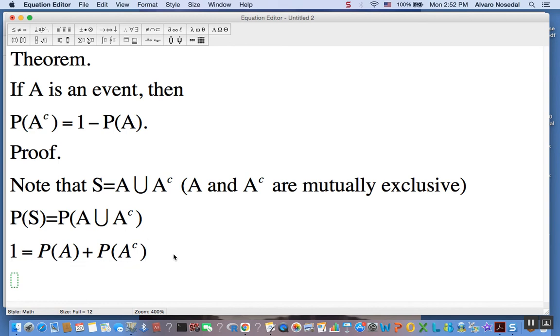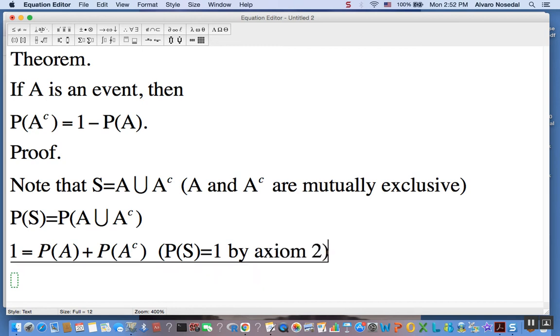So let me just say that the probability of the sample space equals 1 by axiom 2. If we check our textbook, they refer to this as the second property that a probability function must satisfy. So that's the second axiom. Okay?